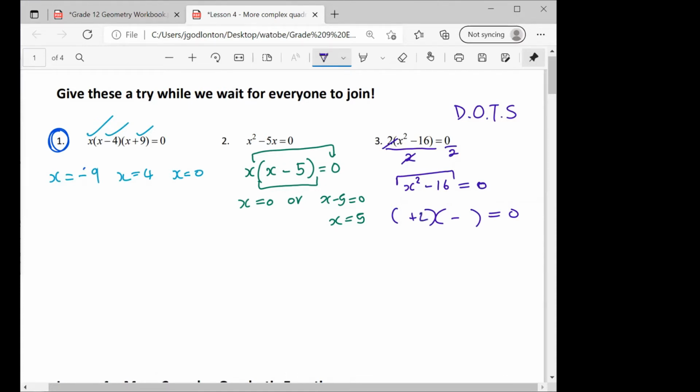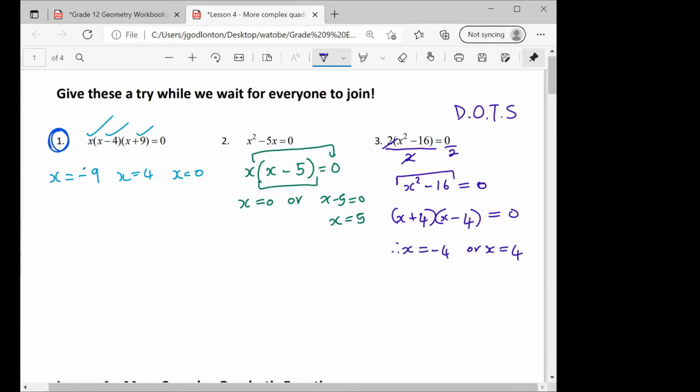Okay, good. So that's going to be a 4 there and a 4 there. What's going to be at the front of both of those brackets? X, ma'am. Yay, well done. Okay, if those are my 2 brackets, then what are my 2 answers for x? Plus 4 and minus 4. Good. Well done. Nice job.